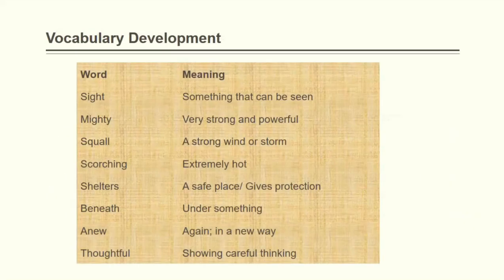Now let's look at some of the vocabulary that can be found in this poem. Sight. Sight refers to something that can be seen. Mighty, very strong and powerful. Squall, a strong wind or storm.